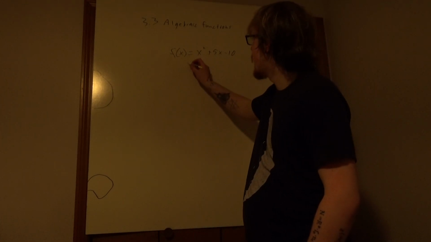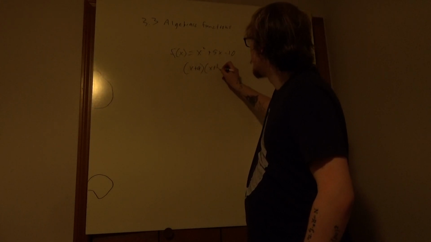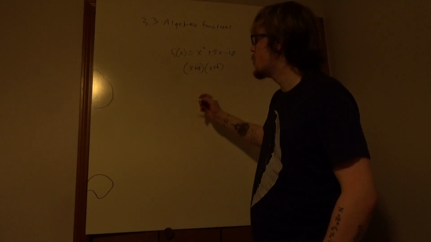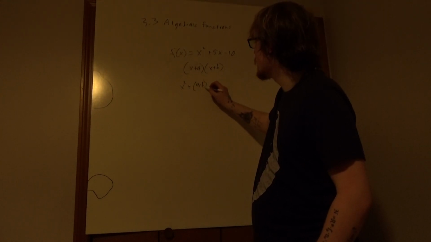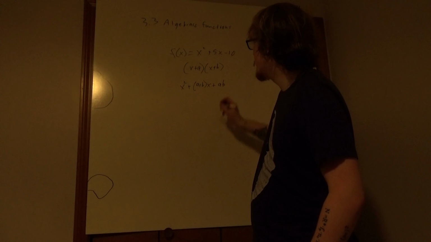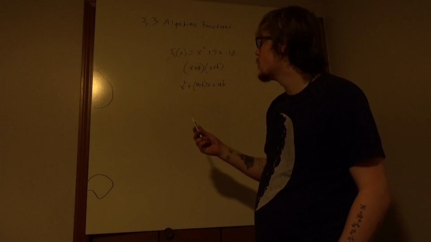I know that if I have x plus a, that's an a, not a 9, and x plus b, and we multiply them out, then I'm going to get x squared plus a plus b x plus ab. You can check that yourself, just FOIL it out and group like terms.